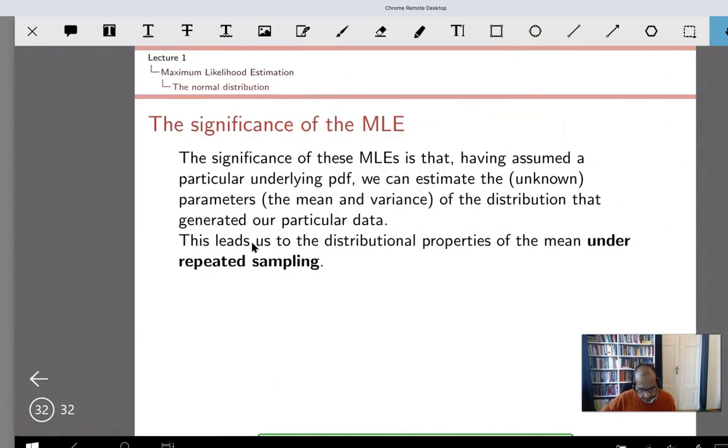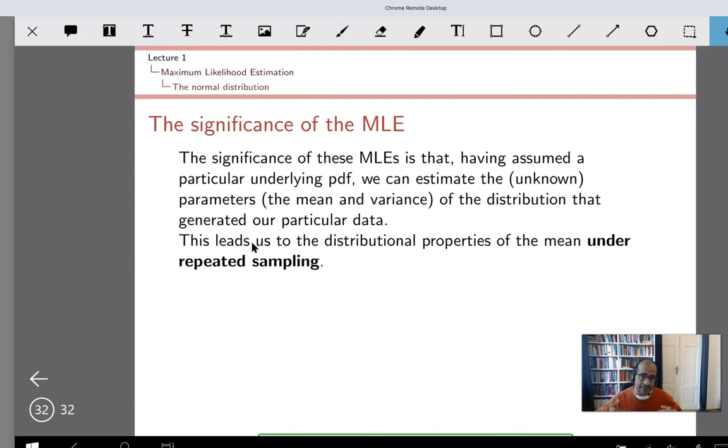So the important thing to understand here is that the maximum likelihood estimate allows us to get an estimate of the true unknown parameters. In the case of the binomial, it was the parameter theta, the probability of success. In the case of the normal distribution, it's the mean and the variance. So we can get estimates of these from our particular data that we have collected, right?